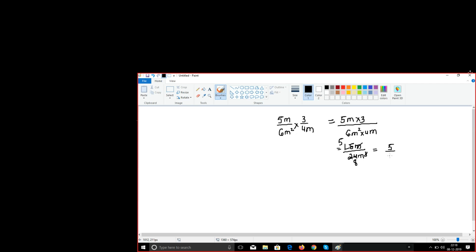So the final is 5 over 8m squared. Or what I can do is directly cancel out m from here, and 3 to here. So I'll get 5 divided by 8m squared, right? Is this clear? Yes. I'm just writing it down.